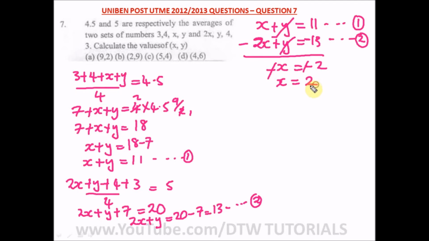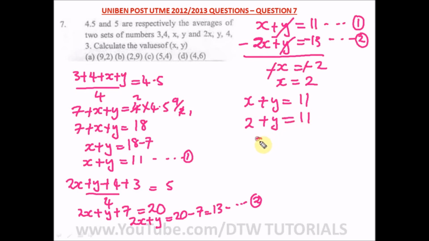We're left with x equal to 2. Since we know the value of x equal to 2, let's put this into equation 1 to find our y. Equation 1 says x plus y is equal to 11. So put in x equal to 2 here. We have 2 plus y equal to 11.